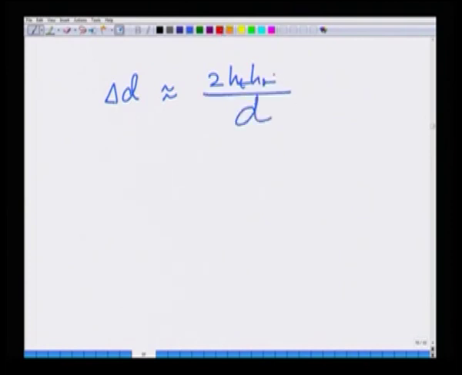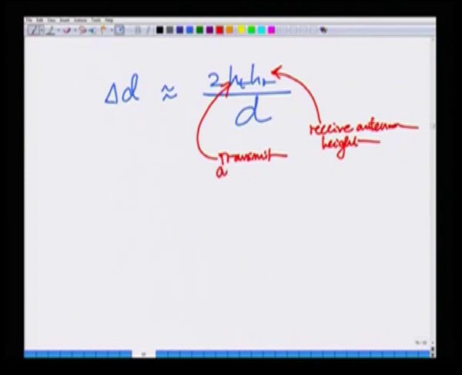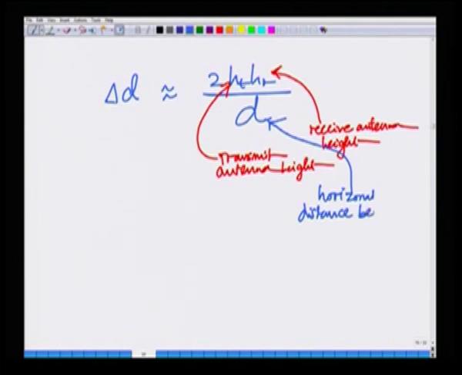Let me again remind you what these quantities are. hr is the receive antenna height, ht is the transmit antenna height, and d is the horizontal distance between the transmitter and the receiver.